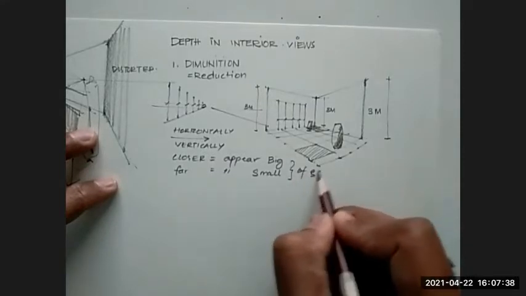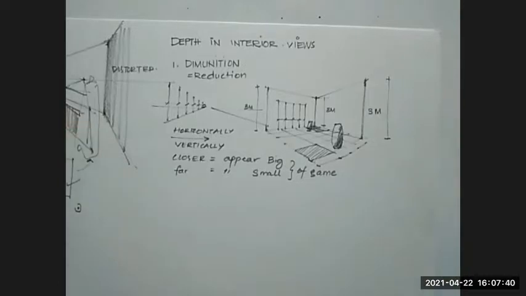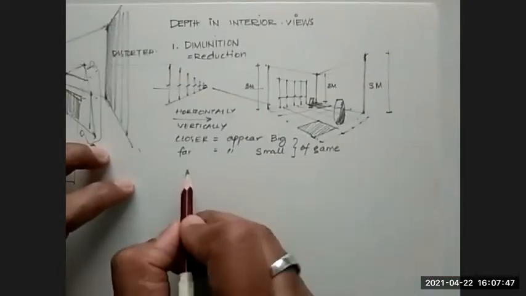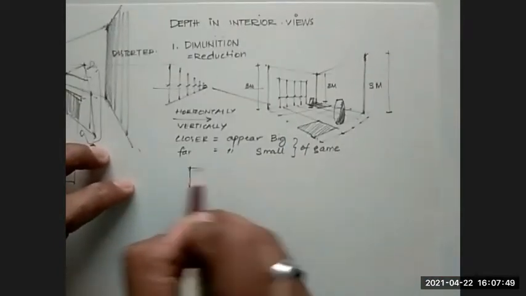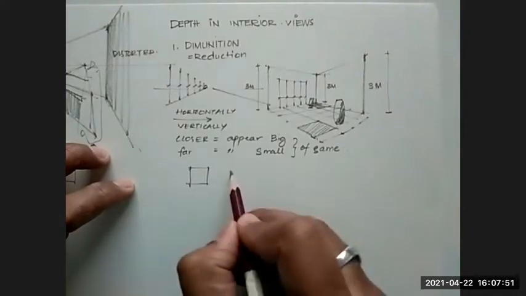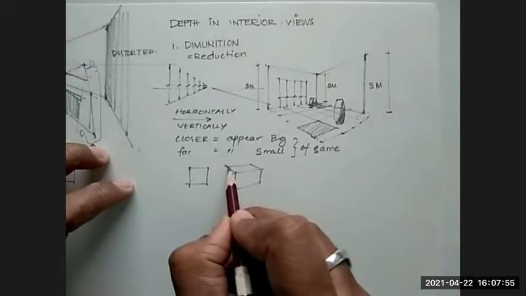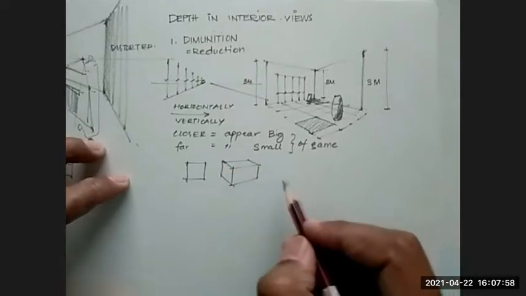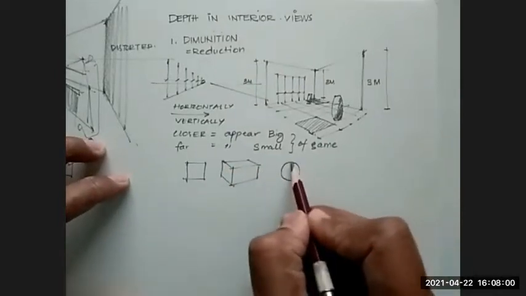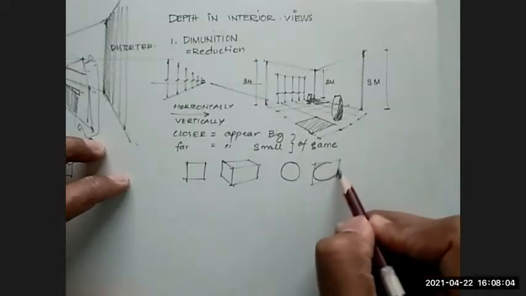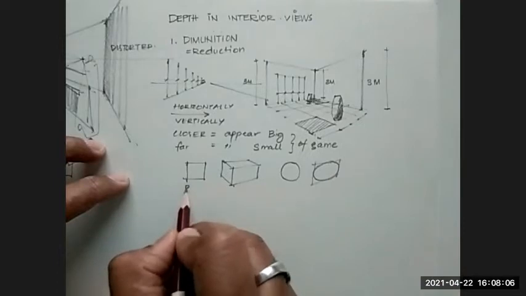This is very important. Same size, same intervals, yet it will show some difference. The square in plan will appear slightly rectangular in perspective. A circle in plan will appear elliptical.